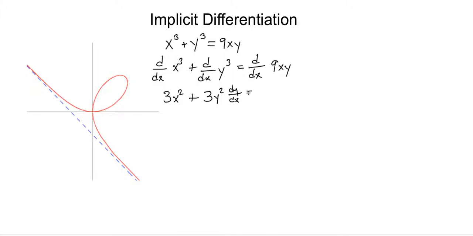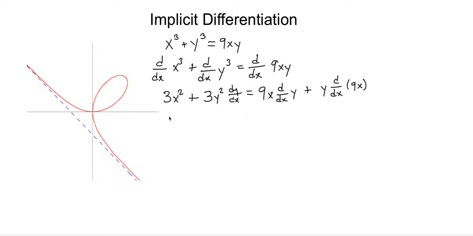Then on the other side, we have the derivative of 9x... oops, that's not true. Erase that real quick. We have the product rule over here, so we're going to have 9x times the derivative of y plus y times the derivative of 9x.